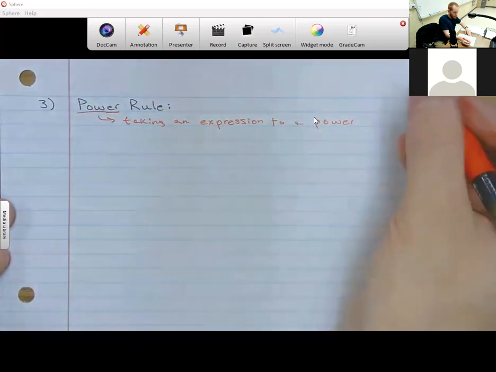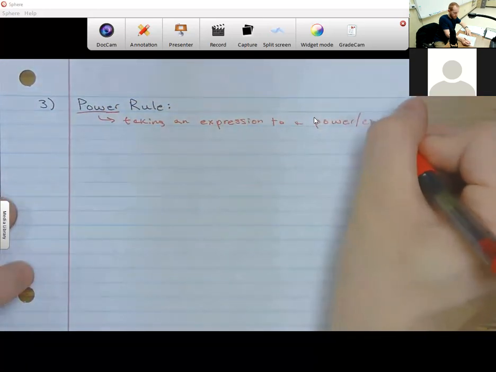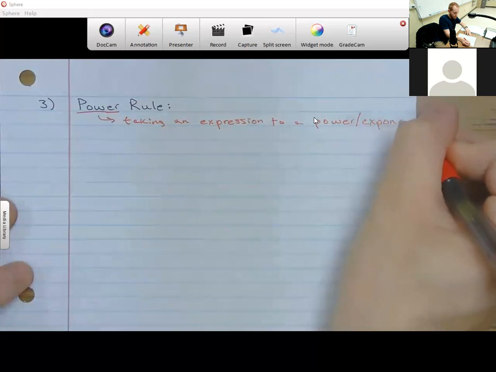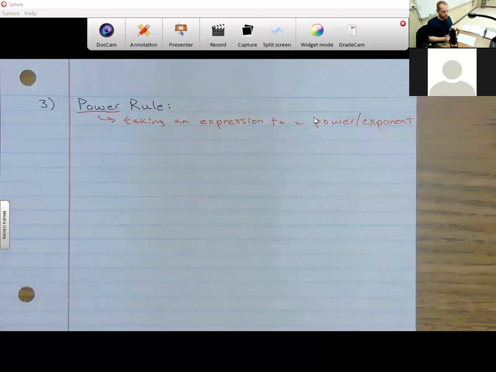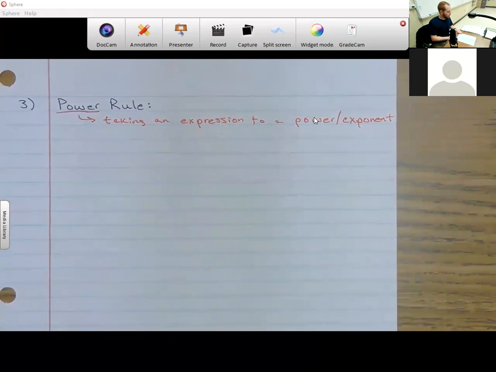And when I say power, I could also say exponent, because these are really the same words in math. Power and exponent, pretty much the same word. Okay? So what do we do when this happens?